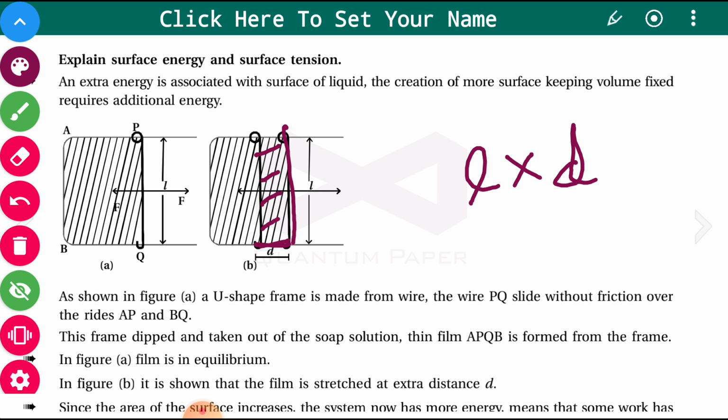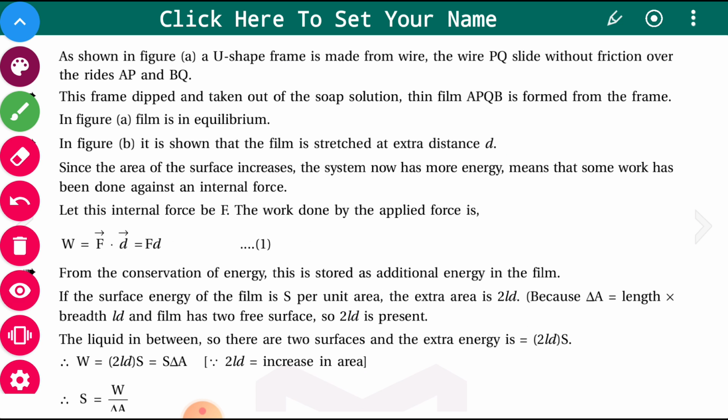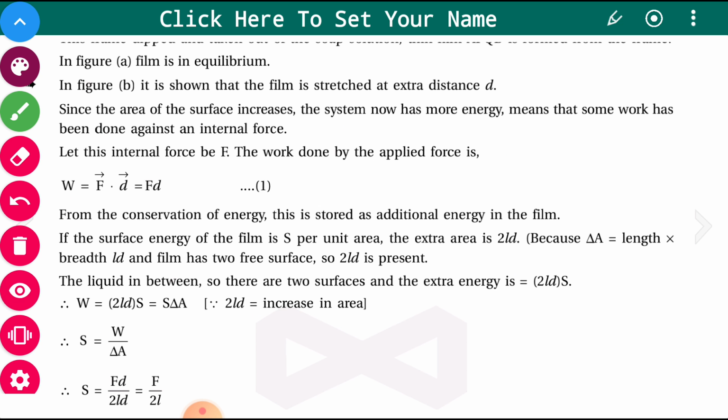Now this film has two surfaces, so the total increase in the area is 2L into d. There is a liquid in between the two surfaces, that is why it is multiplied by 2. Now the increase in area is 2Ld.